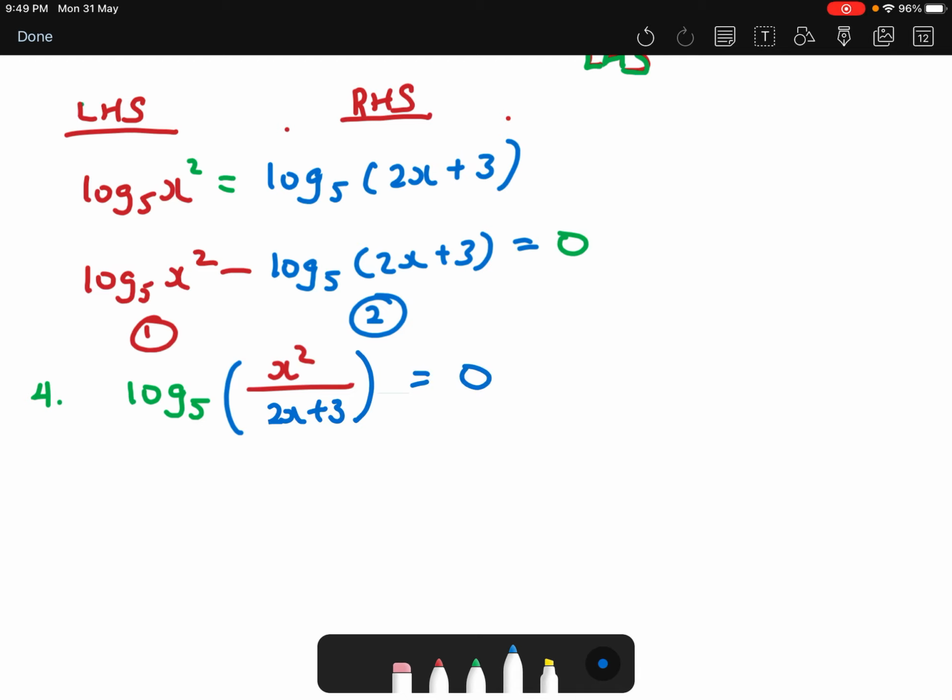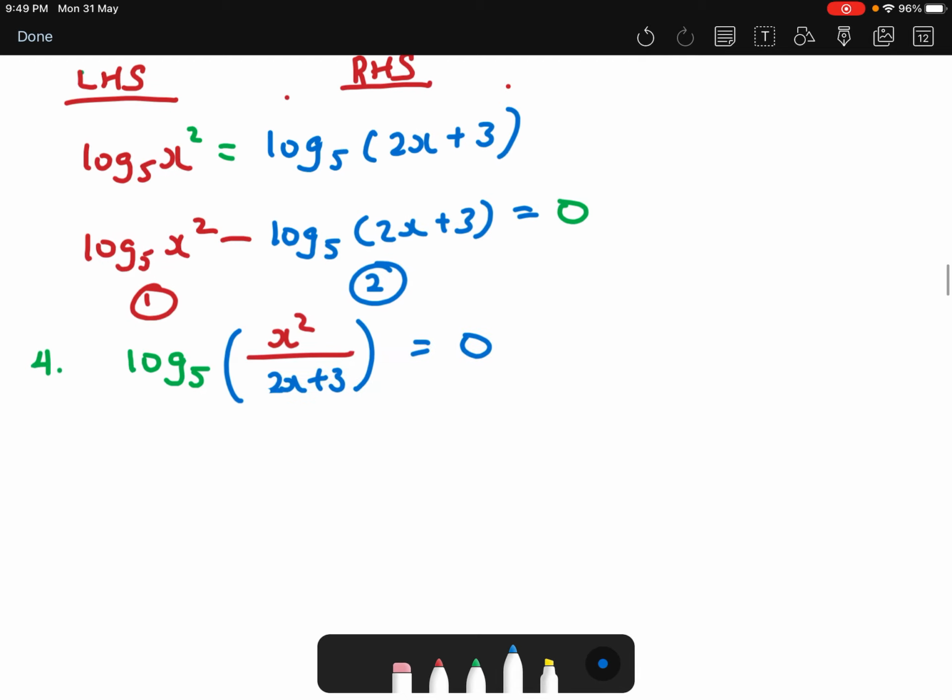equal to 0. Step number 5 is to get rid of the log. So how do we get rid of the log? Very simple. You simply move your base 5 to the right hand side. Same thing, we need to use the law of logarithm.